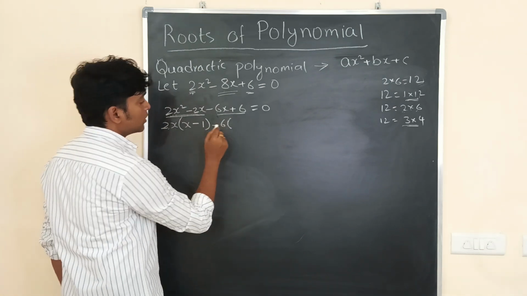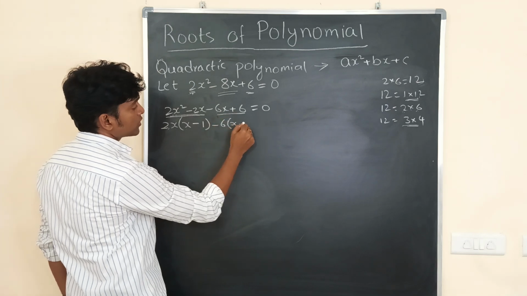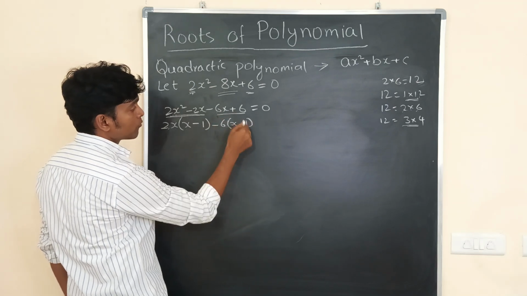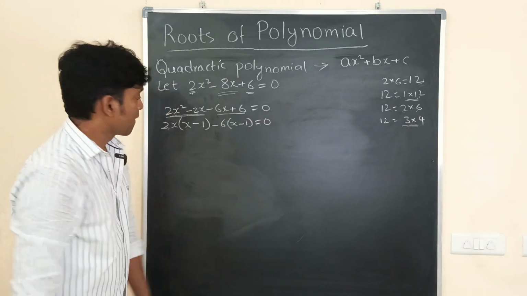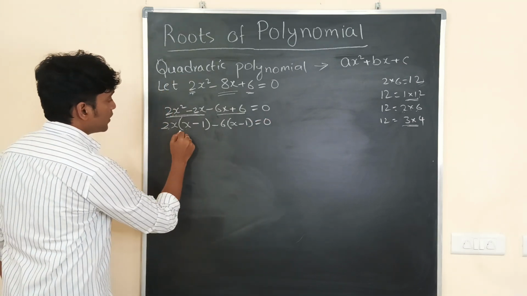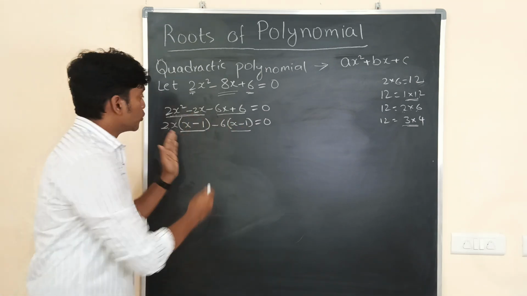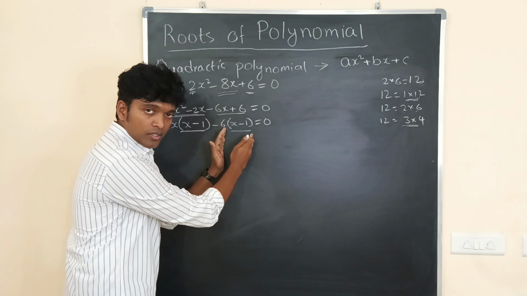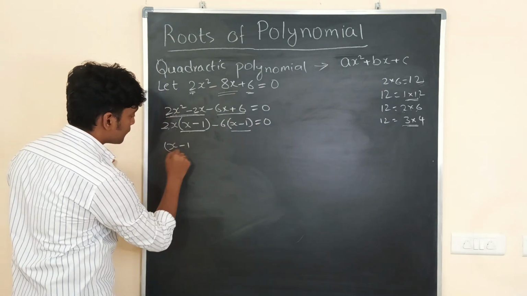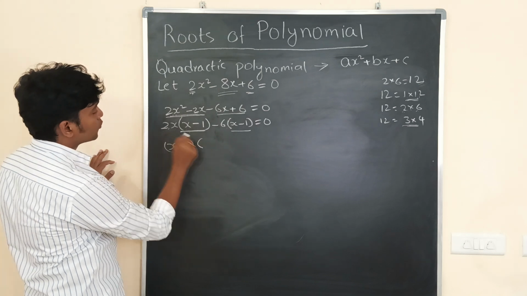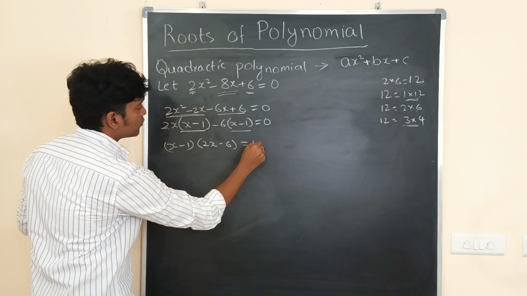Minus 6 into x, and minus 6 into minus 1 will be plus 6, is equal to 0. The motive of taking the common is to make these two terms equal. So taking x minus 1 common, what do you get? Here 2x minus 6 is equal to 0.